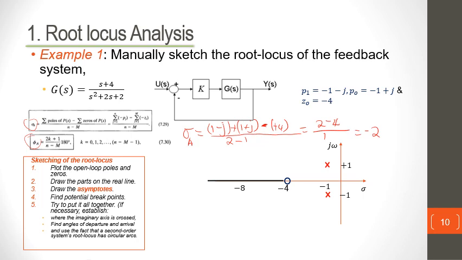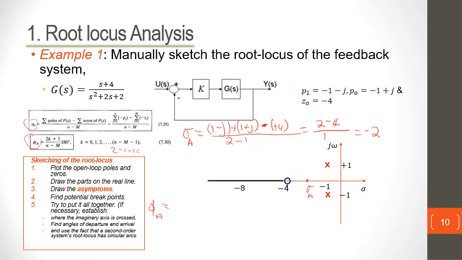So the center of our asymptotes is going to be at minus 2. So we need to show what the asymptotes are, the angles. So calculate the angles, phi A. The angles are calculated for k up to n minus m minus 1. This is 2 minus 1, which is 0.